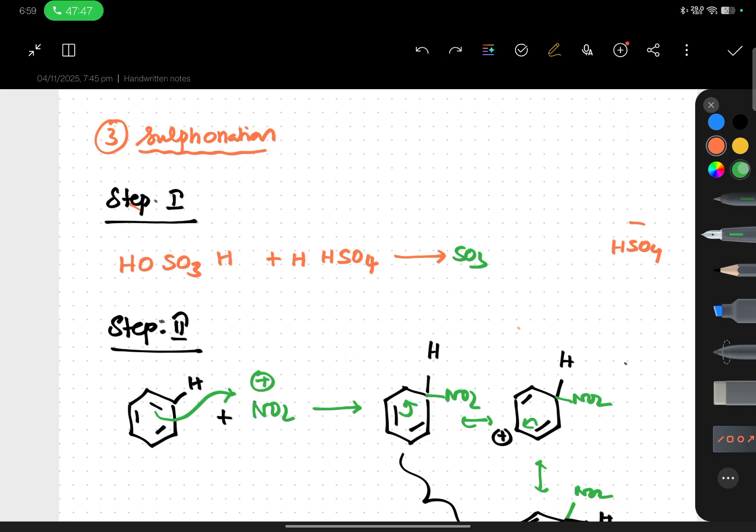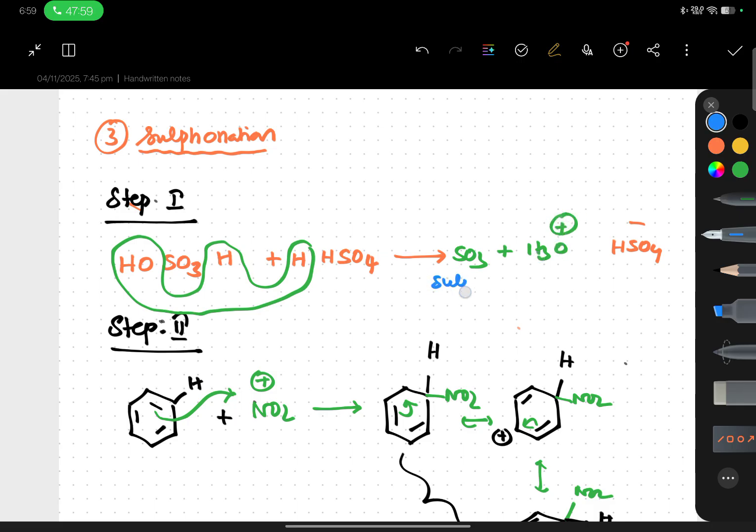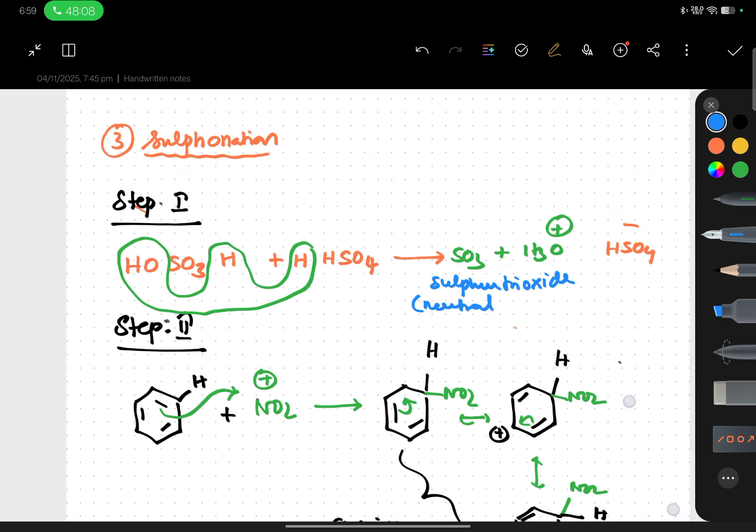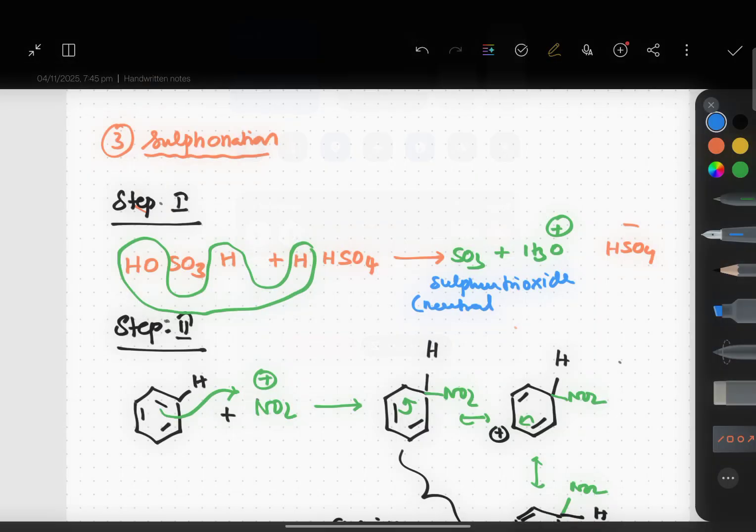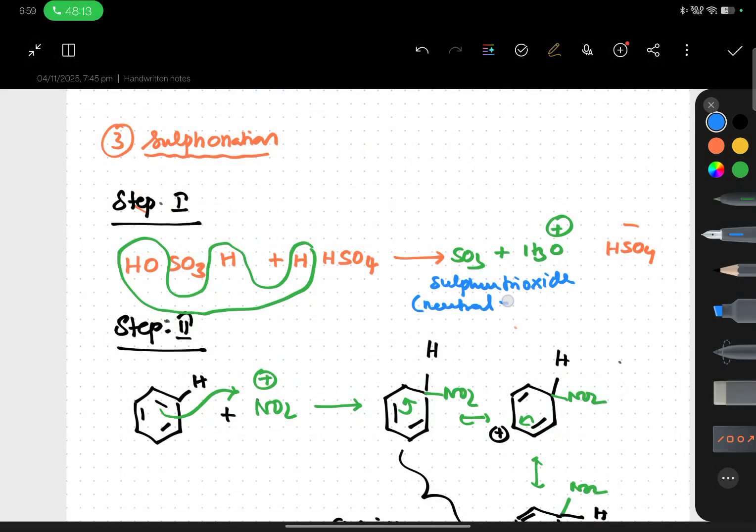If you check, one H. So how do you write this? H3O plus. So this is your electrophile, and make a note. Sulfur trioxide is a neutral electrophile.